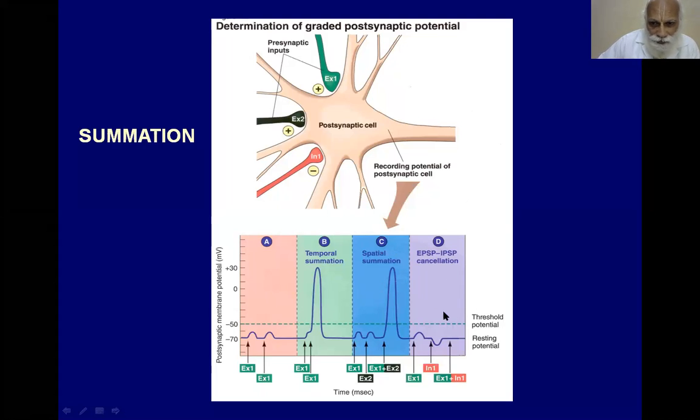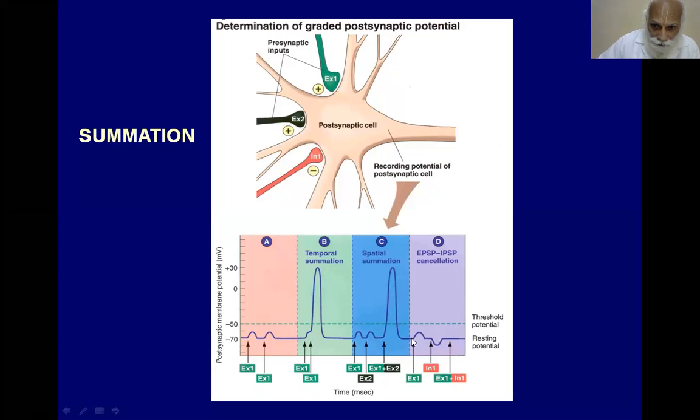Okay, another something related, you can even cause summation or integration. So EPSP and IPSP. Now this is plus and this is minus. So if you add them, the value will come down for the EPSP. So now EX1 is stimulated, we get an EPSP. Now you give an inhibitory input, you get a hyperpolarization, because both of them are given with a larger interval between them.